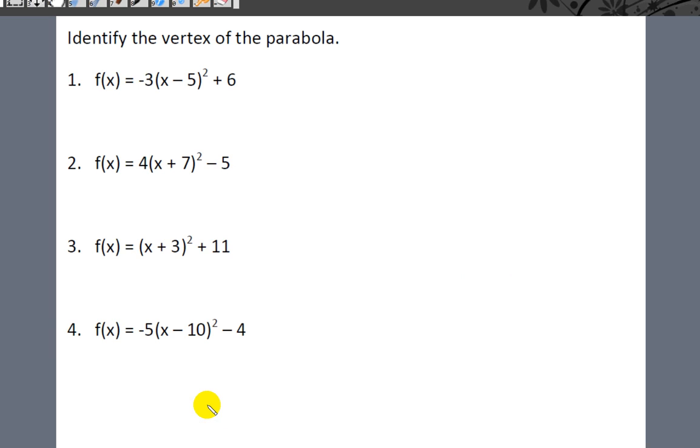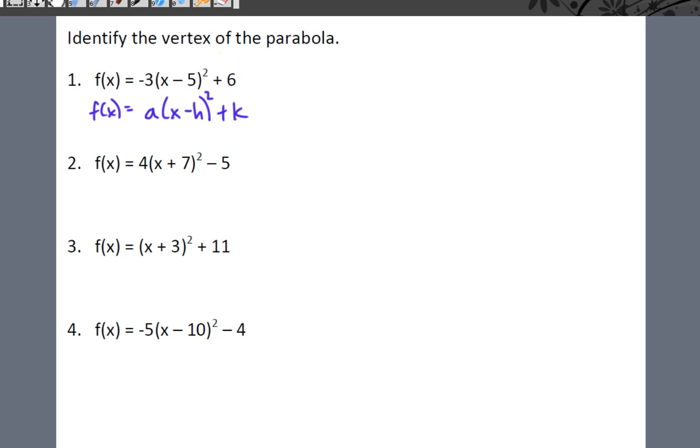Let's say we want to identify the vertex of the given parabolas that you see here. We have f of x equals -3 times x minus 5 squared plus 6. What we know from this is that the vertex form is f of x equals a times x minus h squared plus k.